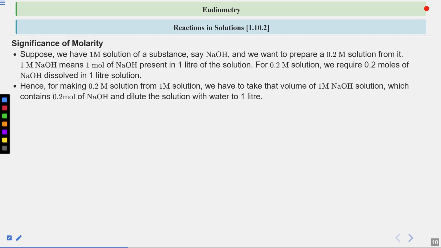We will take 1 molar NaOH, and from that we will take that part of the solution whose number of moles is 0.2.